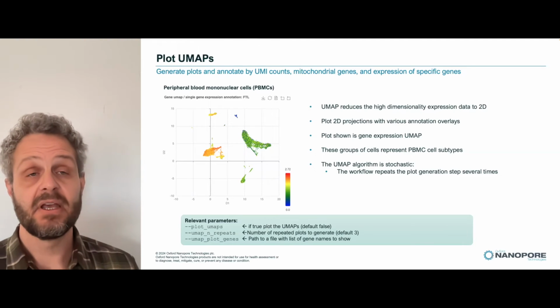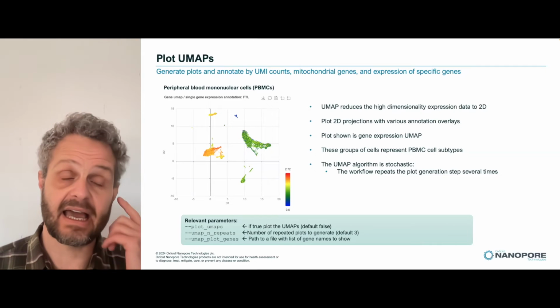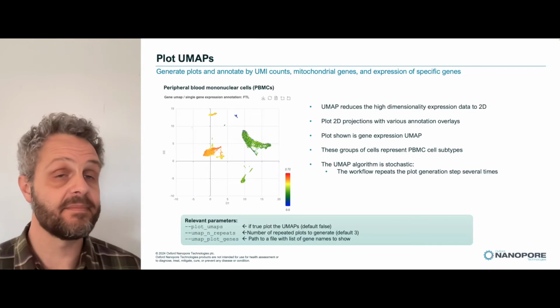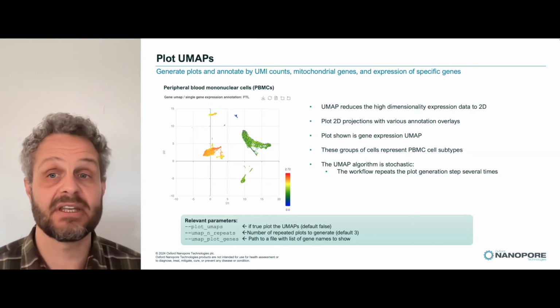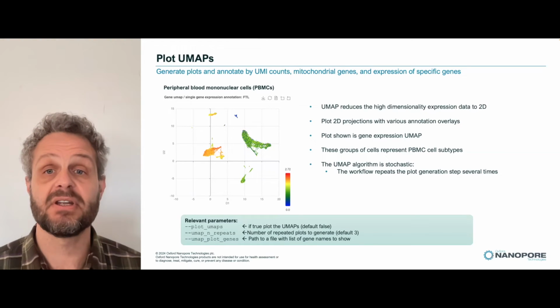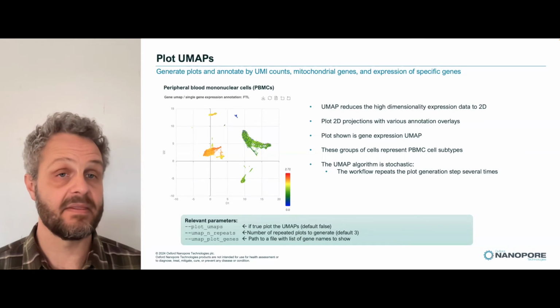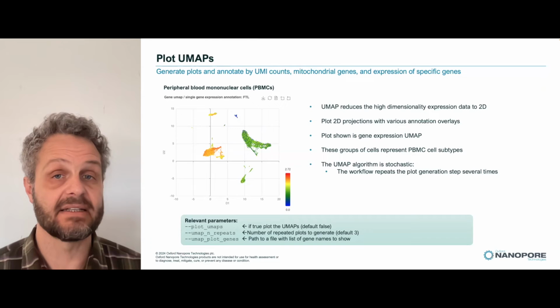So one use of this could be as a QC tool. If you know your data set has a few different cell types in it that are usually easily distinguishable by gene expression, you could look at these plots to see if the same number of groups are identified, for example.